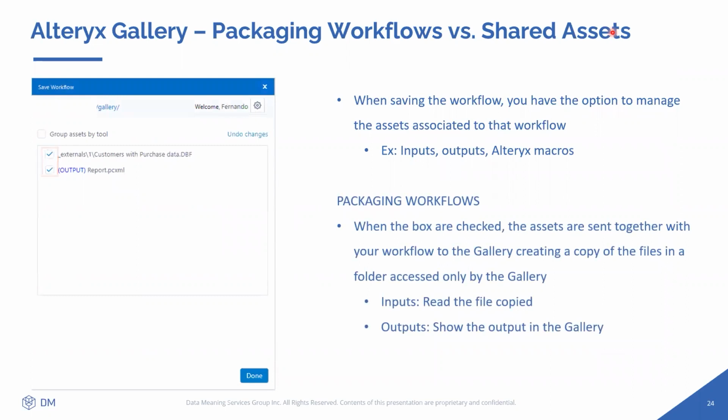So the first option there is for you to leave this box checked. What you will actually be doing there is saving your workflow, but you are also sending the files, both files here, your report and also your DBF file, together with your workflow.